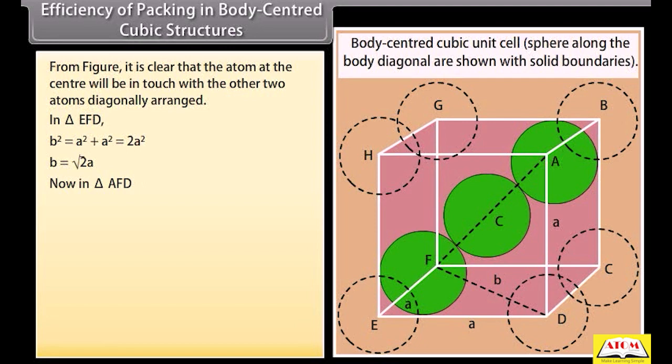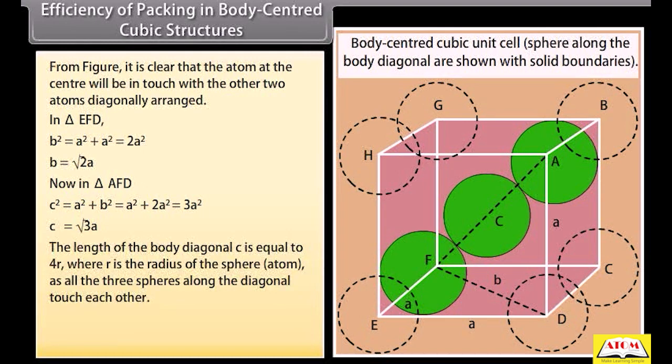Now in triangle AFD, c square is equal to a square plus b square, which equals a square plus 2a square, which equals 3a square. c is equal to square root 3 a. The length of the body diagonal c is equal to 4r, where r is the radius of the sphere atom, as all the three spheres along the diagonal touch each other.